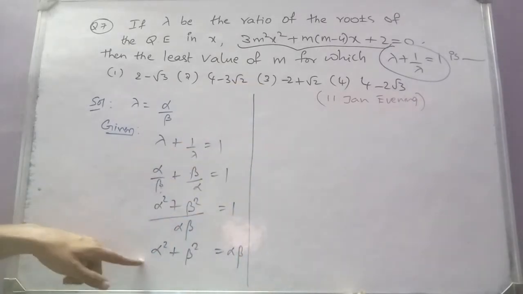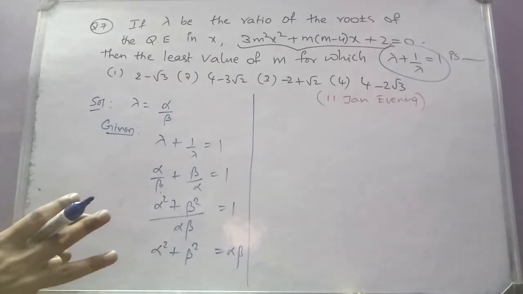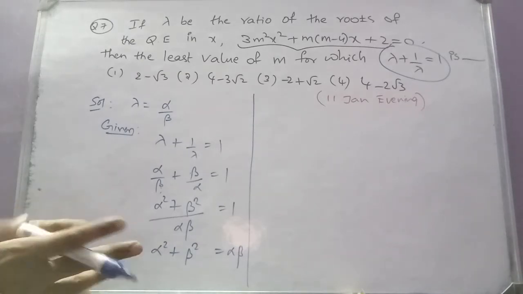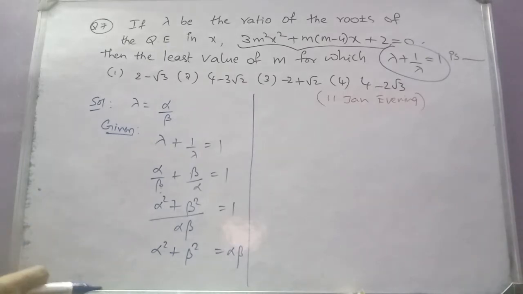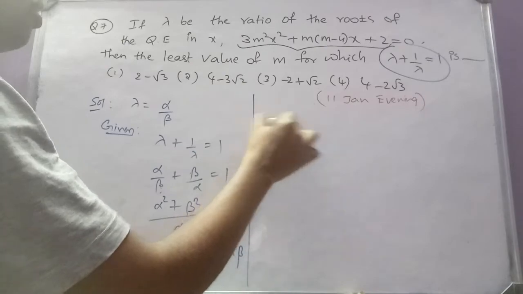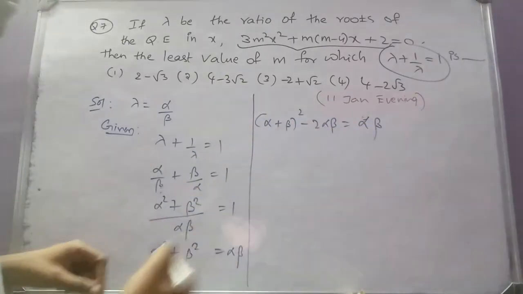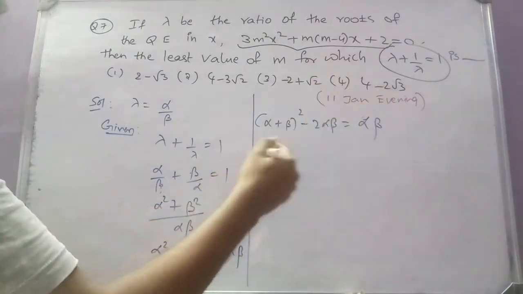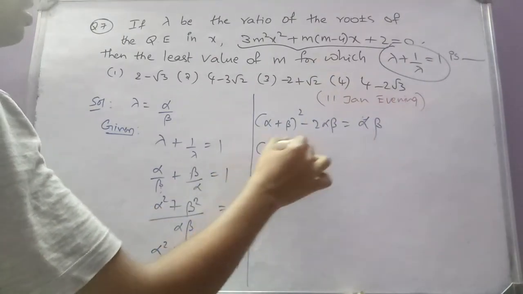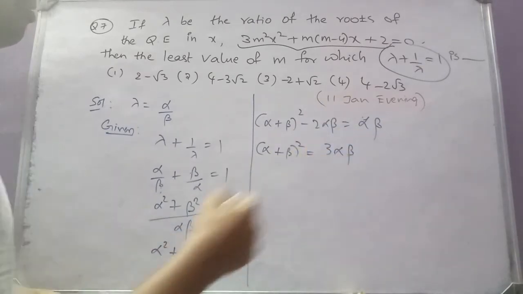This is the concept under symmetric function of roots. Among the two questions given in IIT JEE, one question uses symmetric function of the roots. Observe this. So LHS alpha square plus beta square can be written as alpha plus beta whole square minus 2 alpha beta, equal to alpha beta. Take minus 2 alpha beta to the right side. So minus 2 alpha beta goes that side, plus 2 alpha beta, that means it becomes 3 alpha beta.